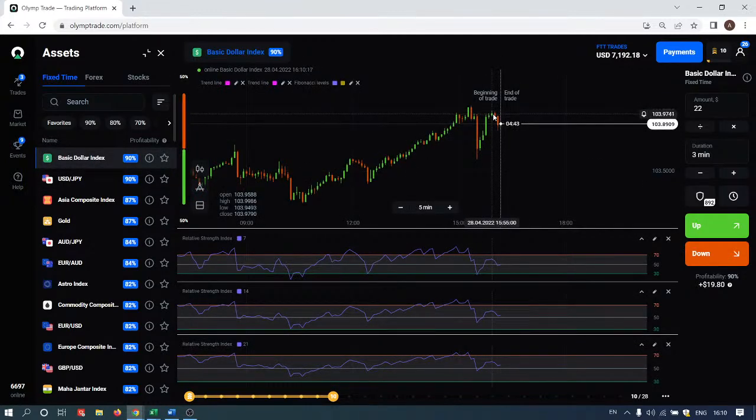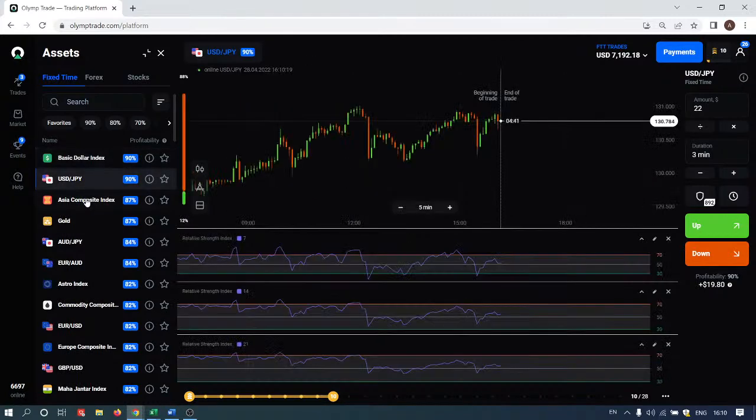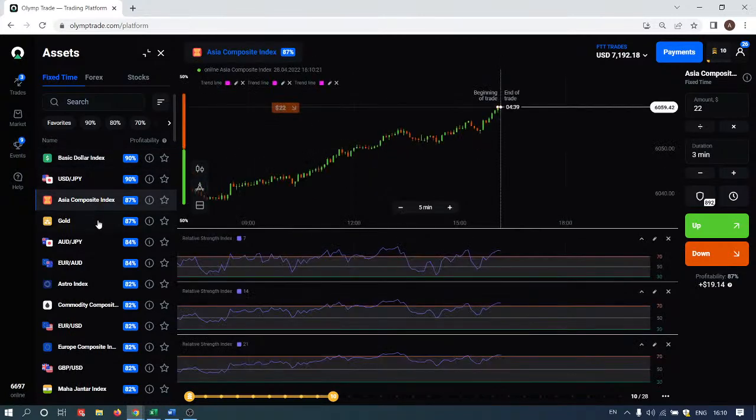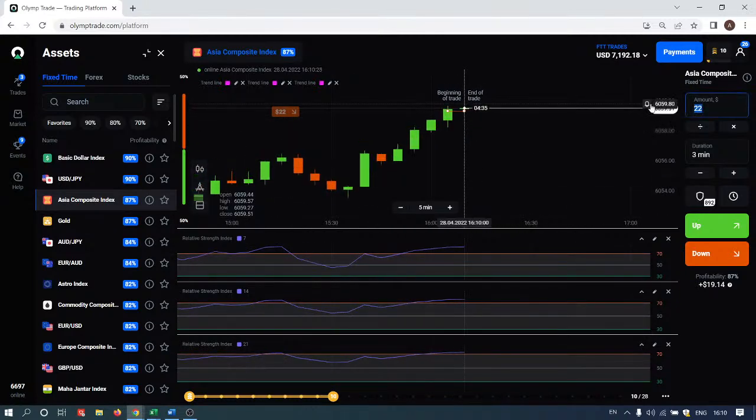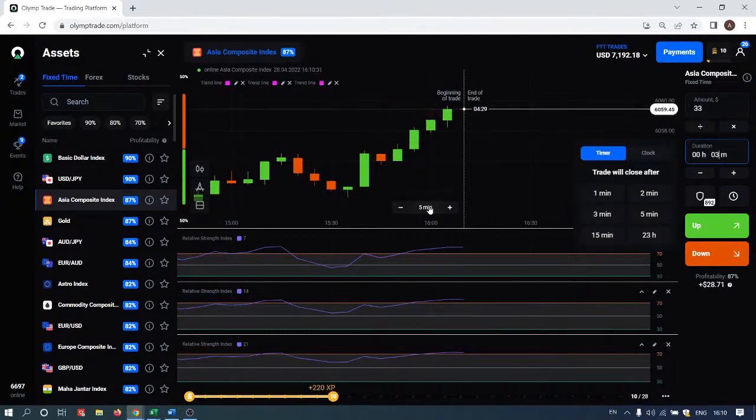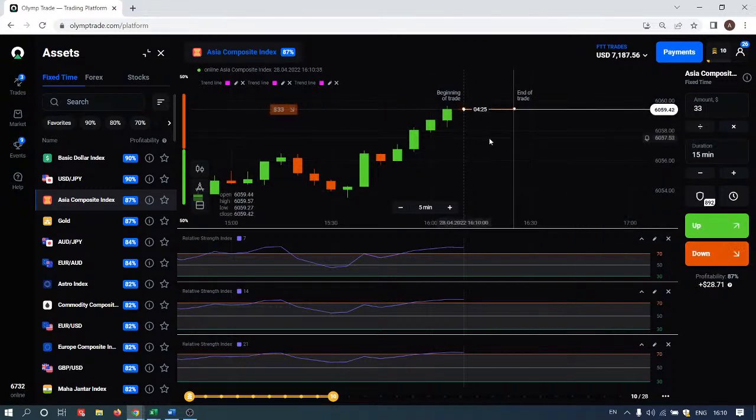Wow, this beautiful double top. Let's open this trade. It's a 5-minute time frame, so let's go 15 minutes down. That will be my trade here.